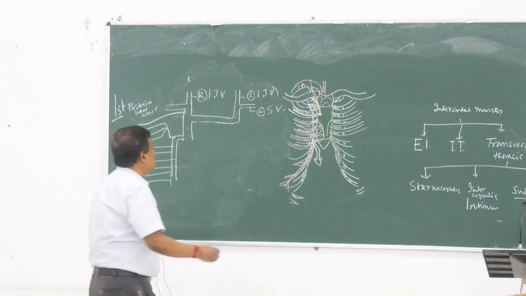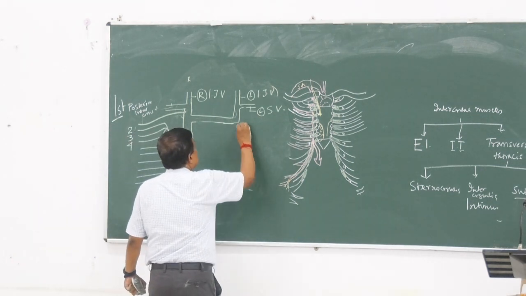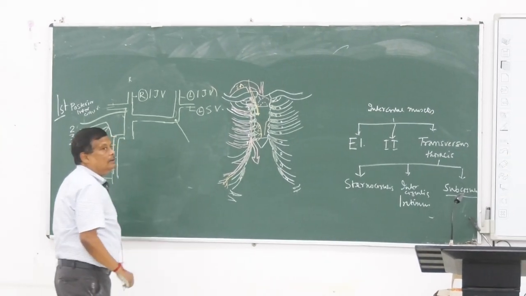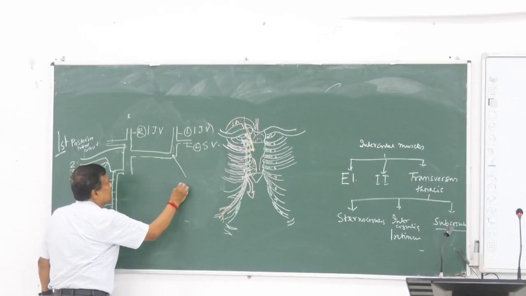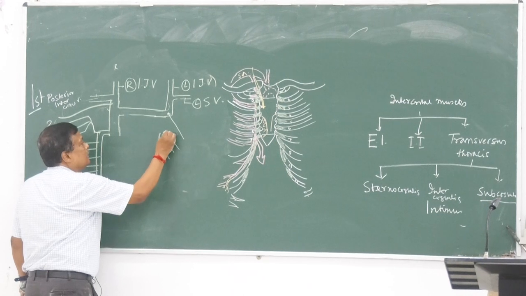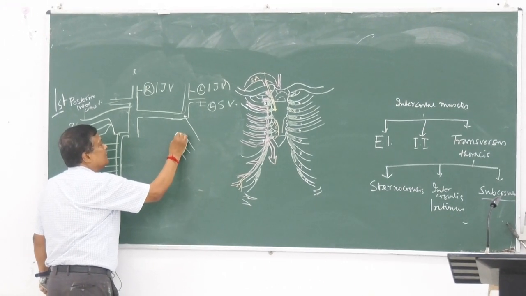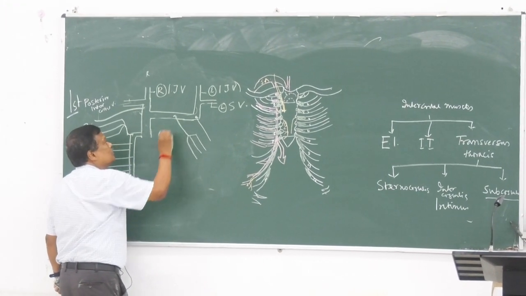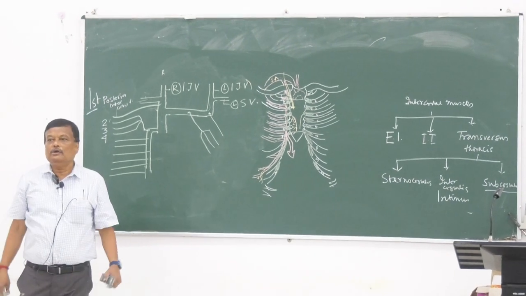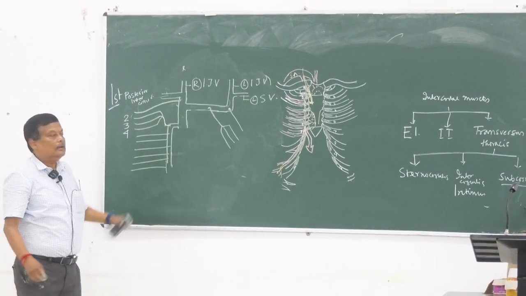On the left side, first the brachiocephalic vein, second, third and fourth join to form the left superior intercostal vein. They join to the brachiocephalic vein, not in the arch of azygos vein.